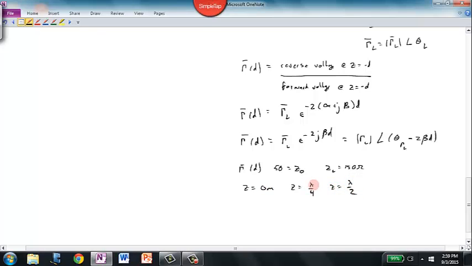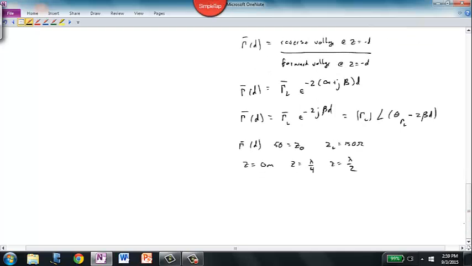I'm writing distances as fractions of lambda because remember wavelength is in meters, so we can specify distance as fractions of a wavelength. So the reflection coefficient at d equals 0 is just the reflection coefficient at the load, and that's going to be ZL minus Z0 over ZL plus Z0.